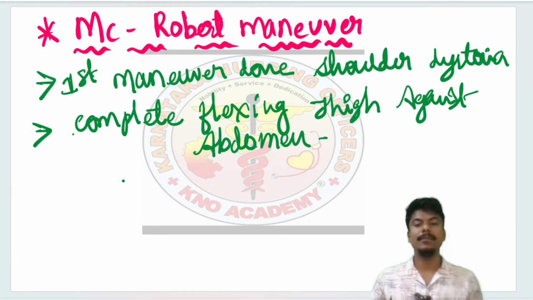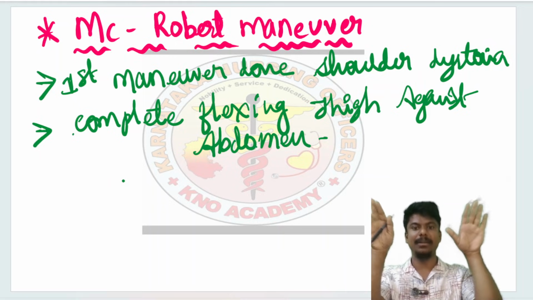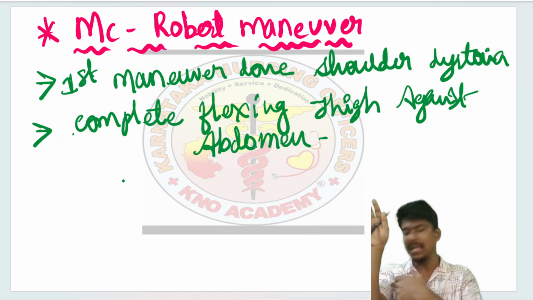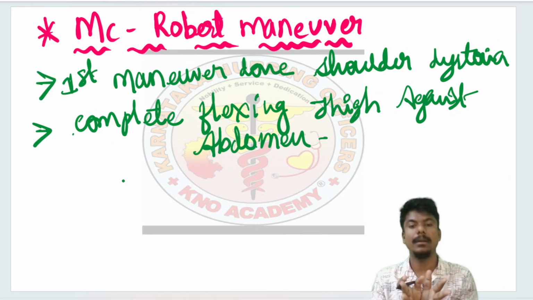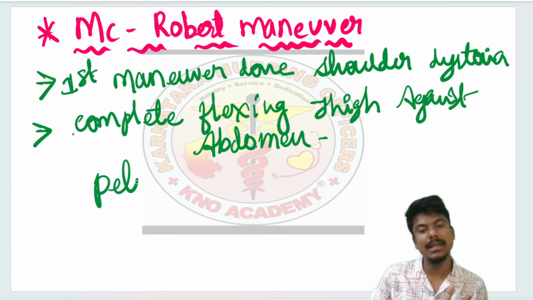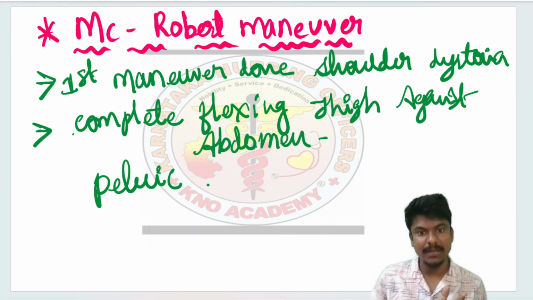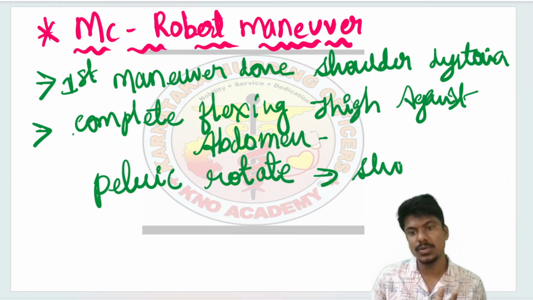Normally the legs will be extended, but here we do complete flexion. The angle will be reduced, so the pelvis becomes widened. After doing the complete flexion, the pelvis will rotate, so the pressure on the baby's shoulder will be relieved.